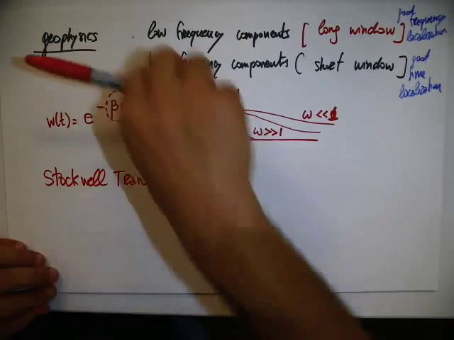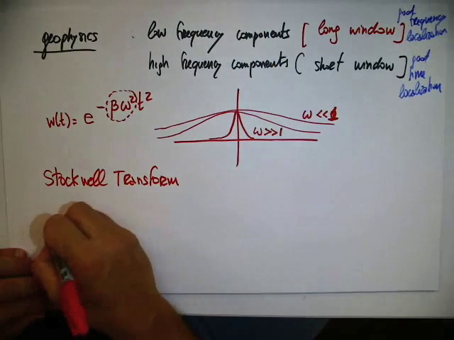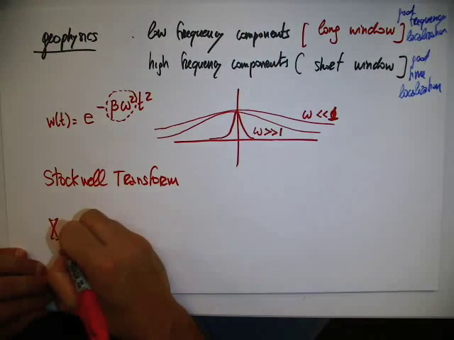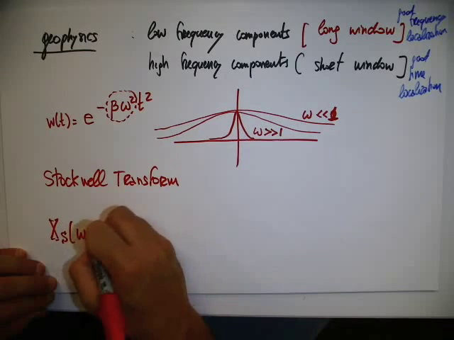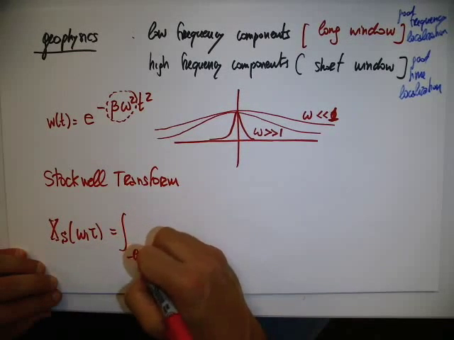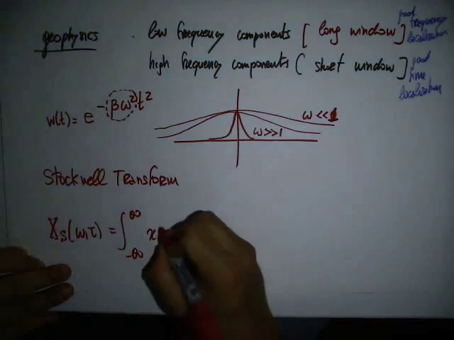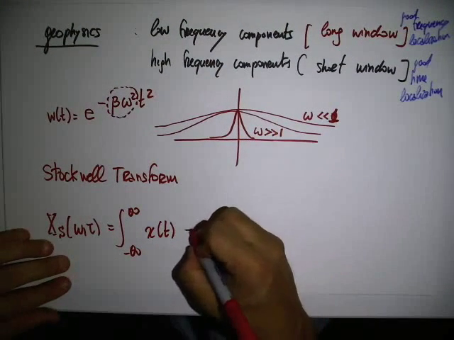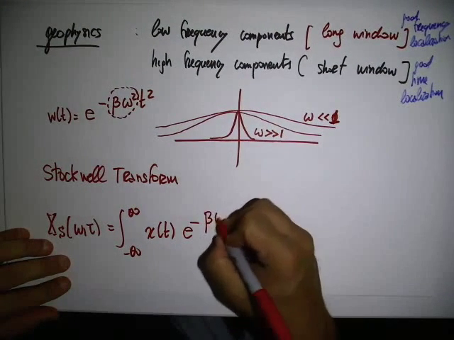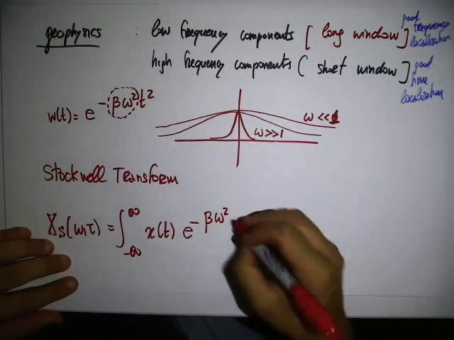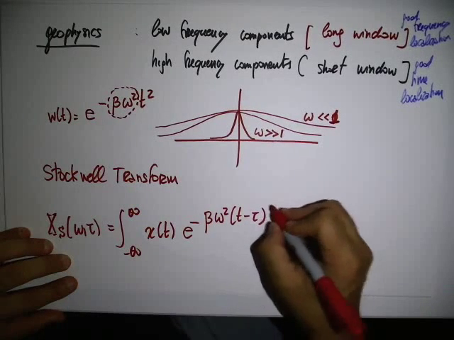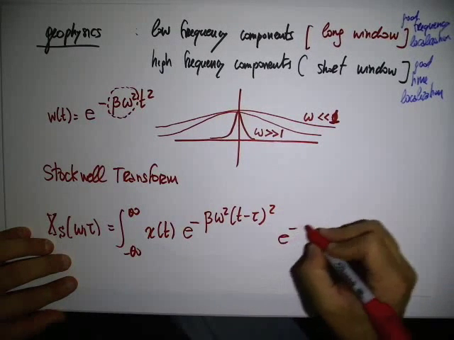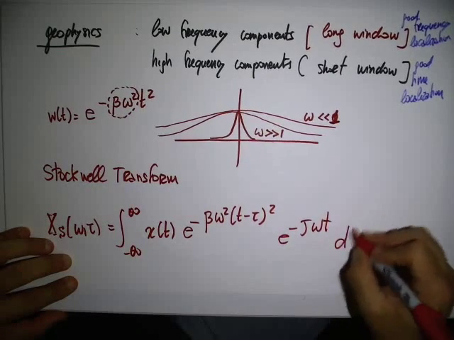Very simple idea. The Stockwell transform is given by X_S of omega, tau is equal to the integral between minus infinity and infinity of x of t, e to the minus beta square, where beta is a parameter that we can tune, e to the minus j omega t, dt.